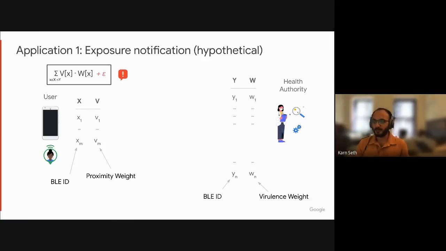So this dot product would allow the user to learn a score of how exposed they were to somebody who is sick, and could therefore get exposure notification based on the score. And of course, there's a privacy need here because you don't want everybody's keys flying around in the clear. You just want to learn whether you should be alerted or not.